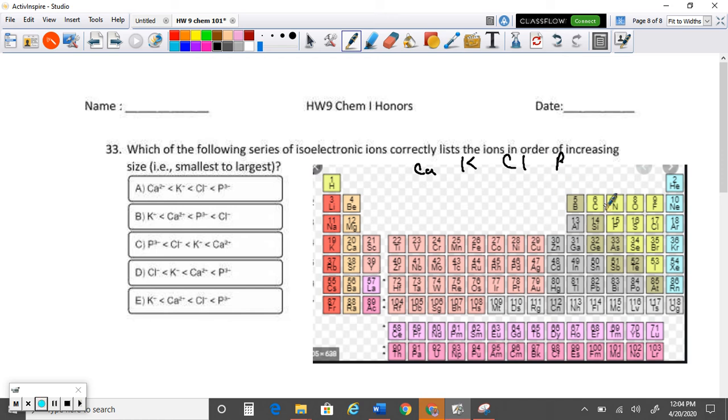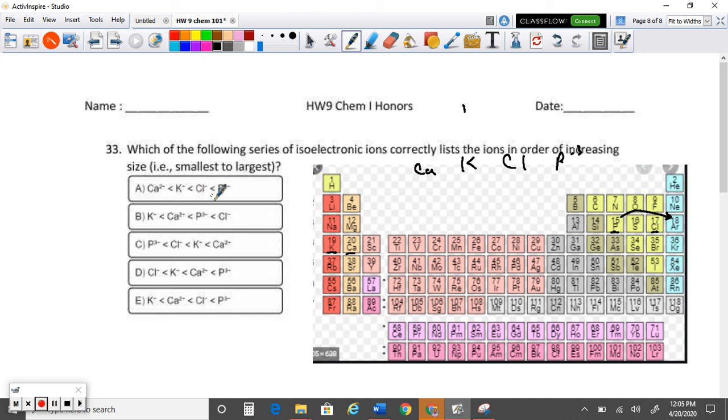So just to mark them, I want to mark them on here. So we have phosphorus, we have chlorine, we have calcium, and we have potassium. So phosphorus becomes a -3, so that means phosphorus goes here to argon.